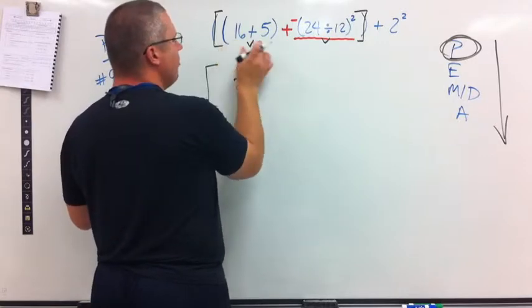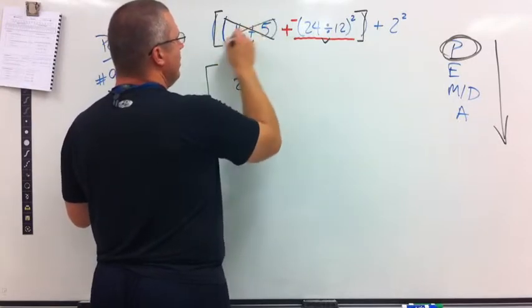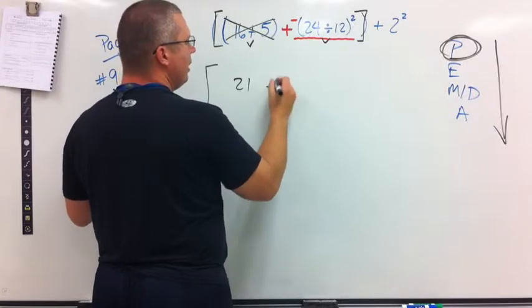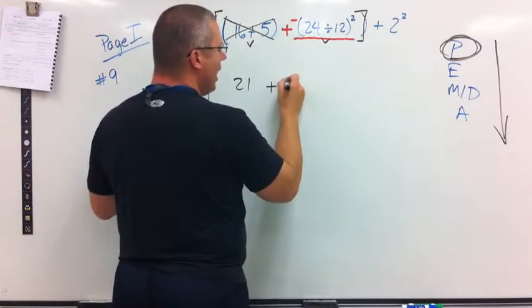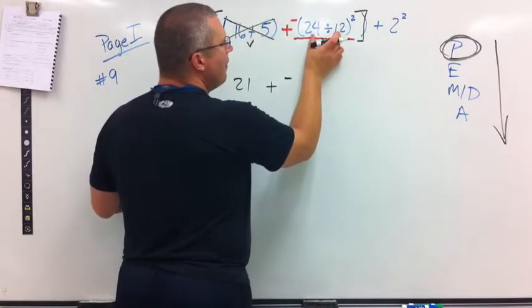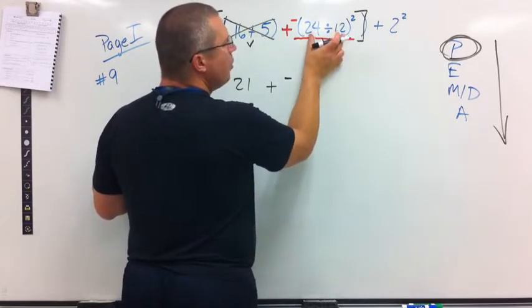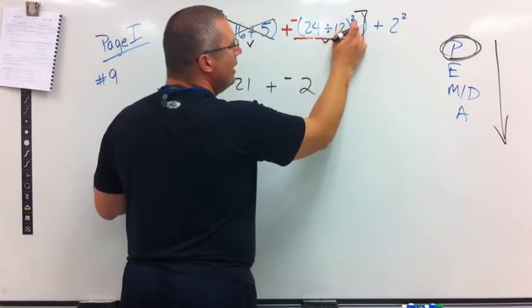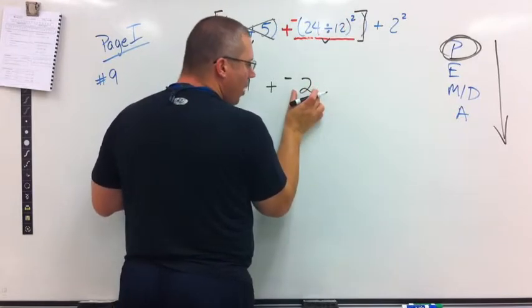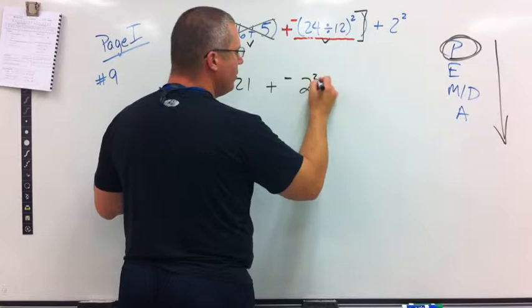I don't need this anymore. I don't need this. So that now disappears. I still have a plus. I have a negative. I want the opposite of whatever this is worth. 24 divided by 12 is 2. This quantity had an exponent attached to it, so this quantity now has an exponent attached to it.